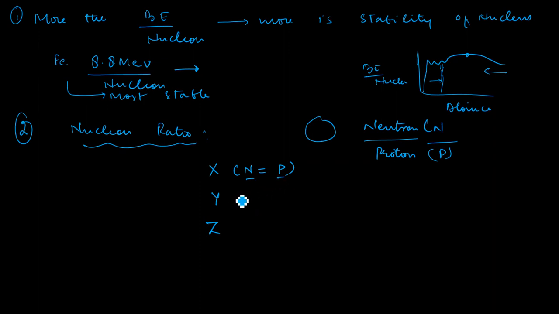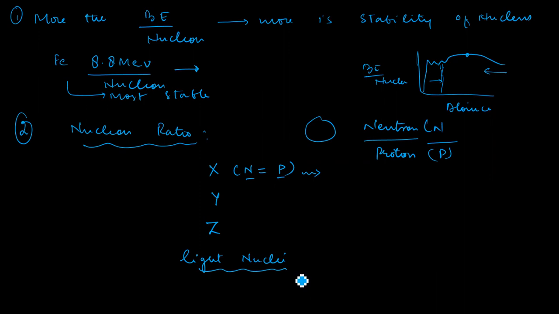Now, this is possible only in the case of lighter nuclei. If we talk about atoms which have a lesser number of nucleons, those we simply categorize as the lighter nuclei.